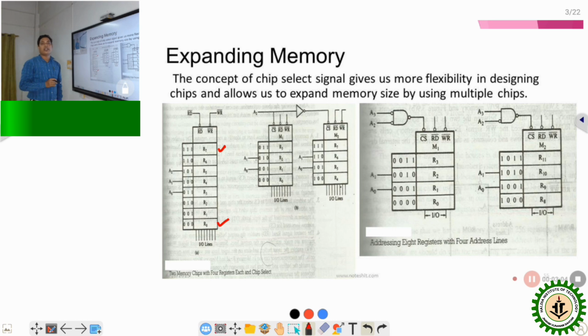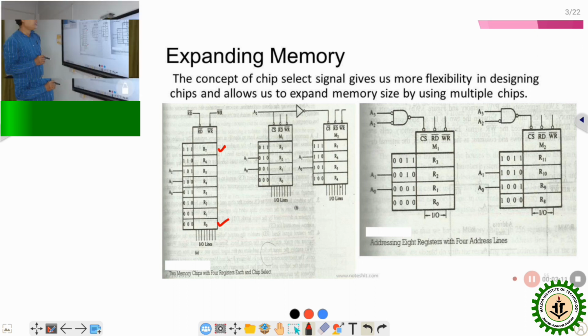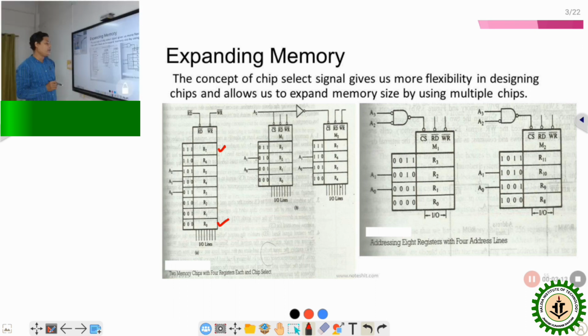That is, one memory constituting 8 registers, and how it can be formed with the help of 2 memory devices, each of which constitutes 4 registers. Here it is shown that the first memory device has R0 to R3, that means 4 registers present. The second memory also has 4 registers, from R4 to R7.